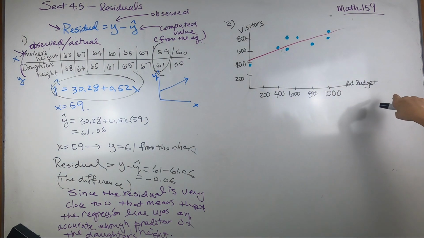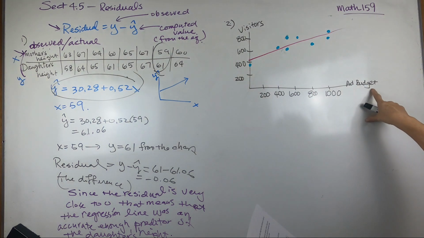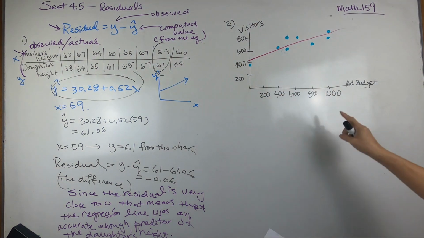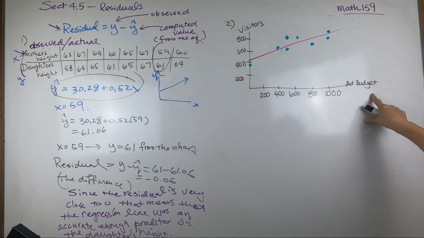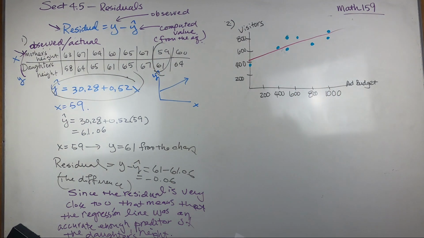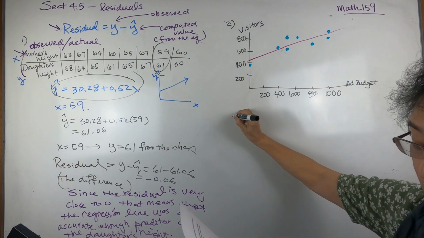So they collect the data to see how much advertising budget they spend and how many visitors it brings. According to this, the more money you spend on the advertising budget, the more visitors you have, because more people can see it. So if we look at this, what do we have?